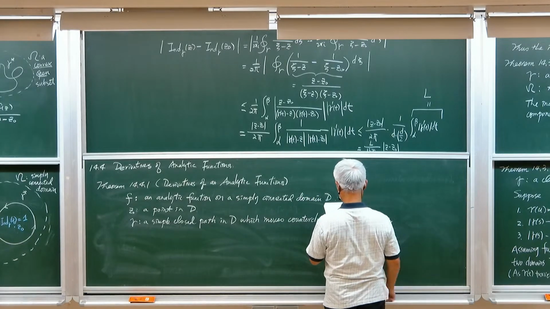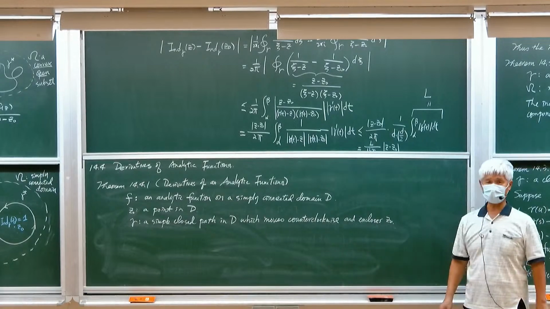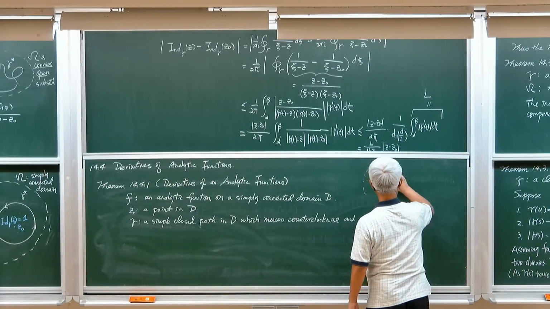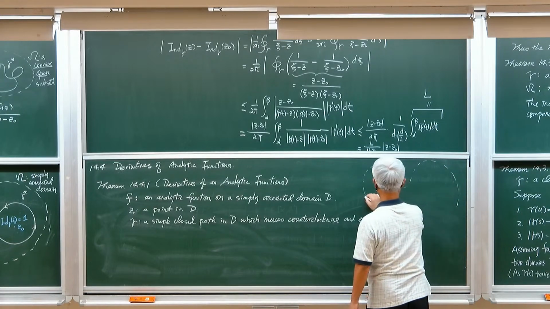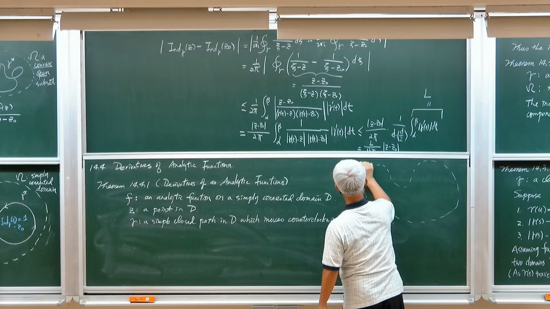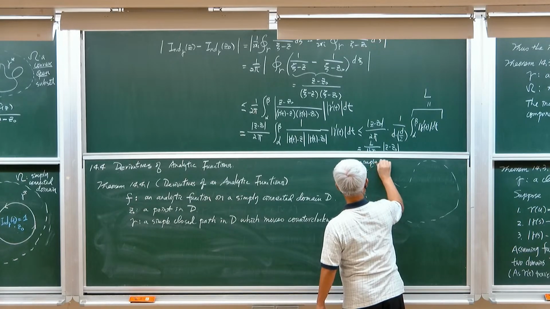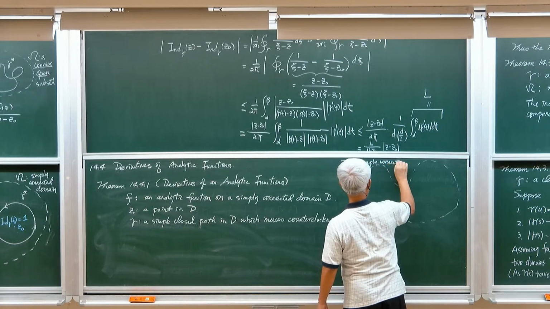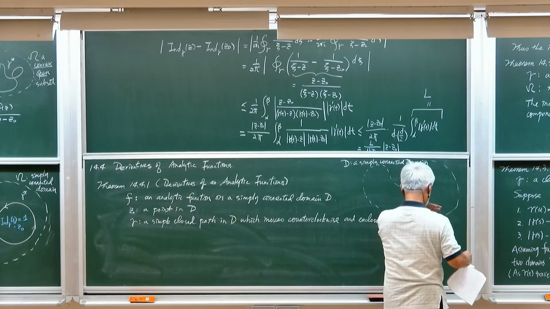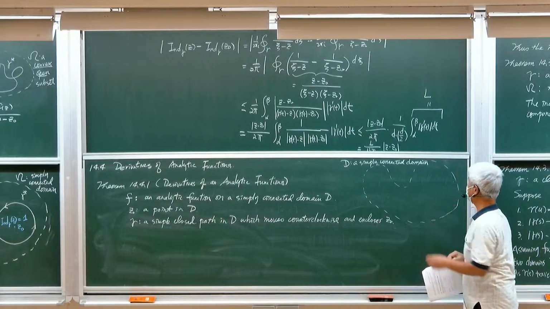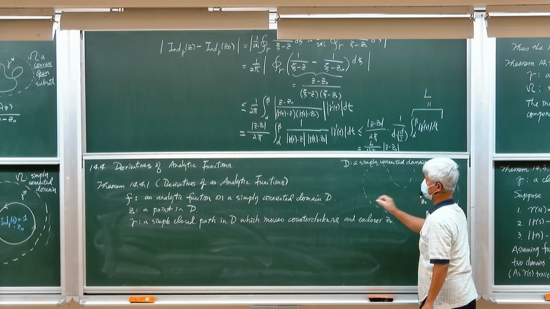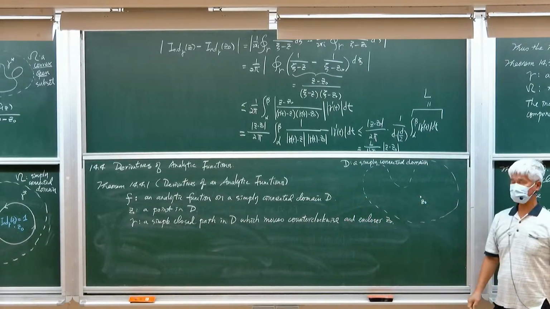Okay, so the situation is here, and we have a simply connected domain. Right, so D, a simply connected domain. And a point z0 in this simply connected domain.